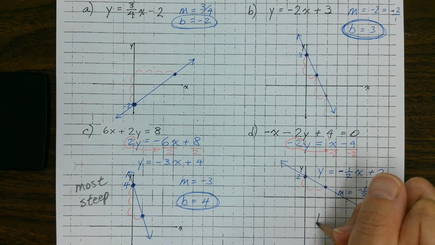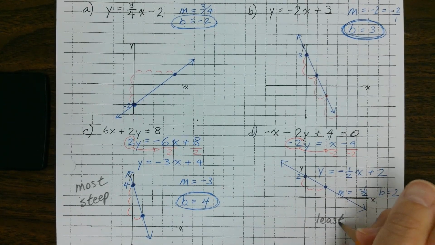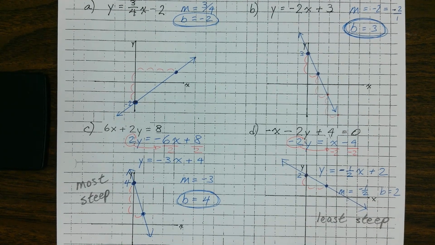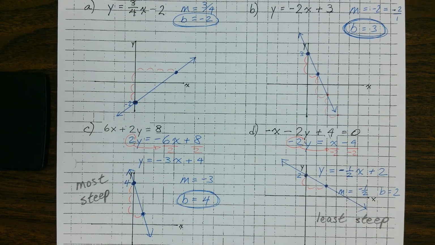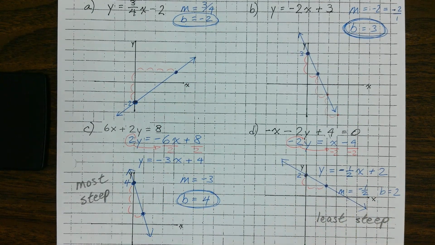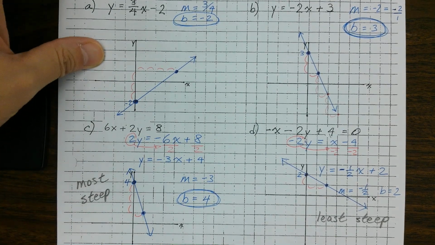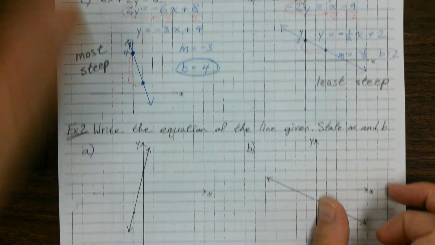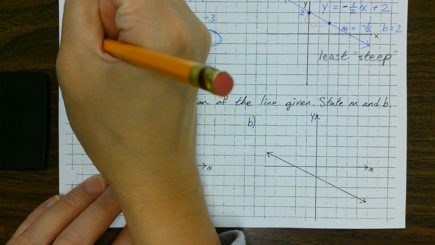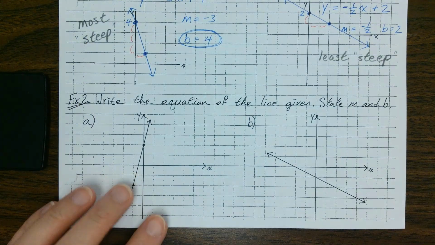So this line is the least steep. It doesn't matter if it's positive or negative. Steepness is just how steep the line is, whether it's positive or negative. So remember this word, steep. On the test, you'll need to use this word. On the assignment, you need to use this word, steep.